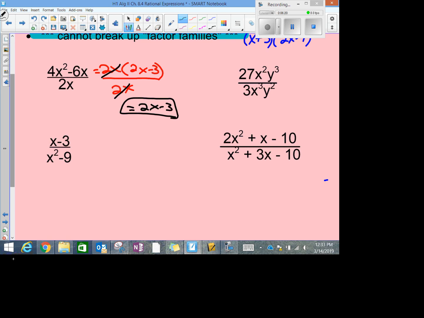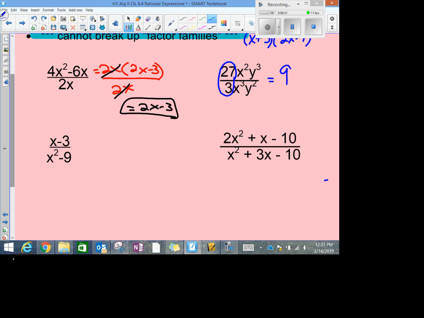All right? Now, if there's no addition or subtraction, like this one, then it's really just a problem like we did for homework last time, right? So on this type of thing, you want to reduce it just by looking at every piece of it. So 27 over 3 can reduce to 9.